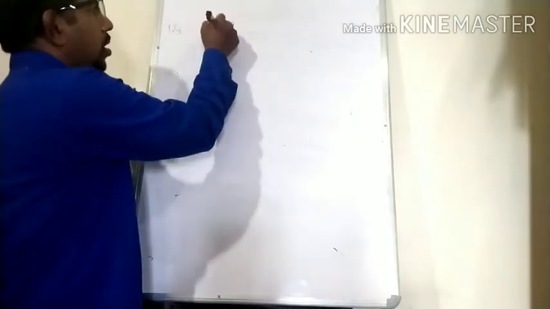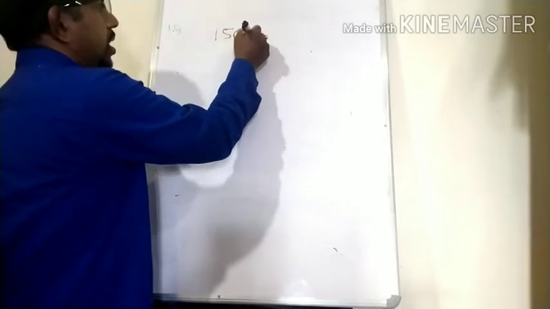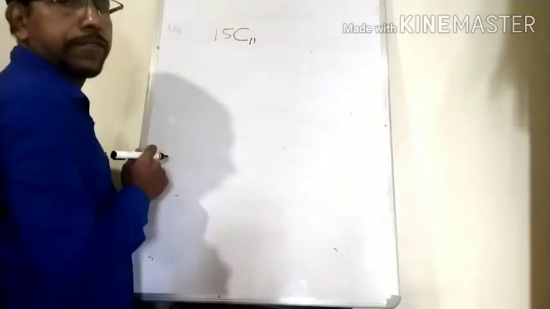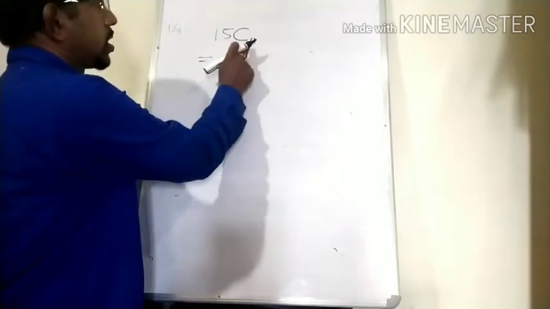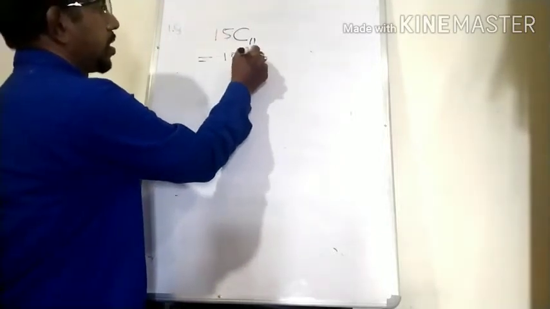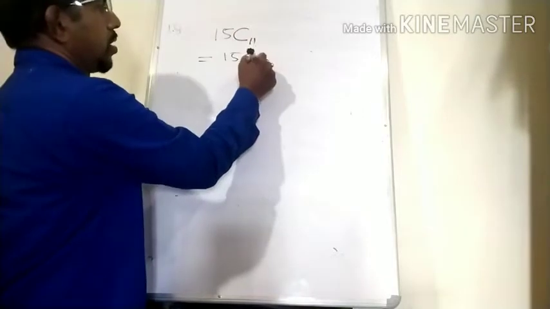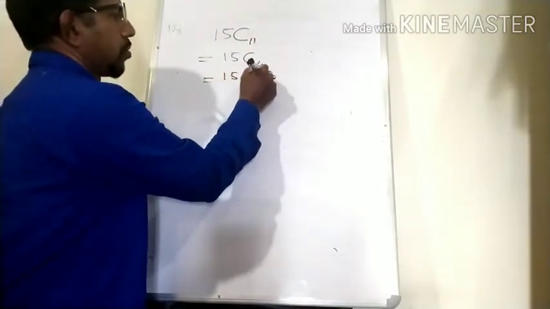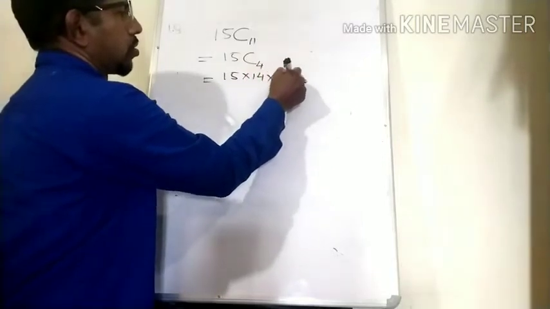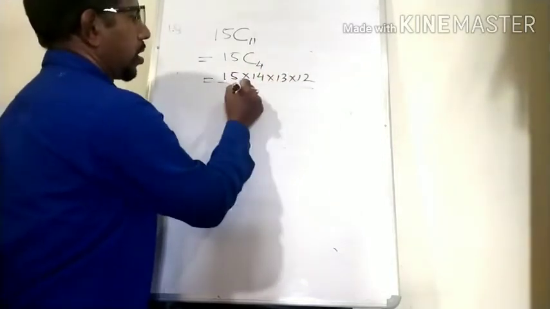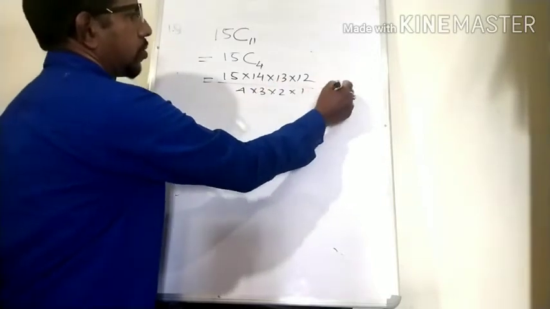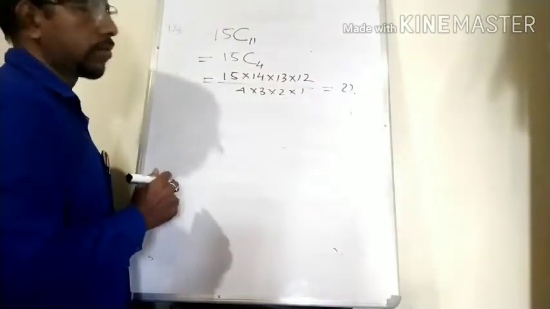So just very simple, 15C11. Just reduce the number, it will be 15C4. Now we can find the value: 15 into 14 into 13 into 12 divided by 4 into 3 into 2 into 1.